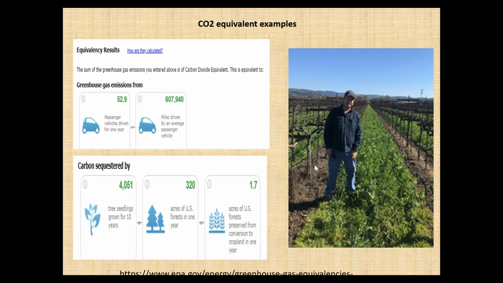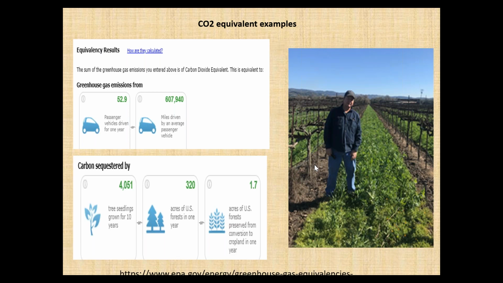And the equivalence shows, this is a screenshot of a partial page, but for instance, the equivalent of reduction in greenhouse gas emissions from reducing passenger cars driven for 1 year, on the far left, 52.9 cars driven for 1 year removed from the road. So I think folks could relate to that.